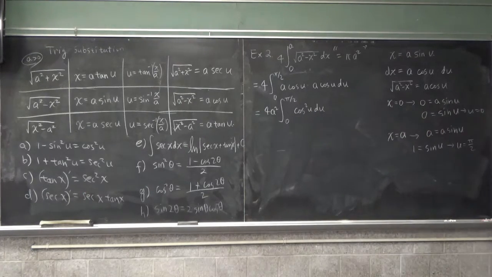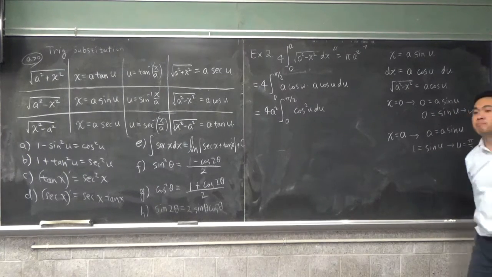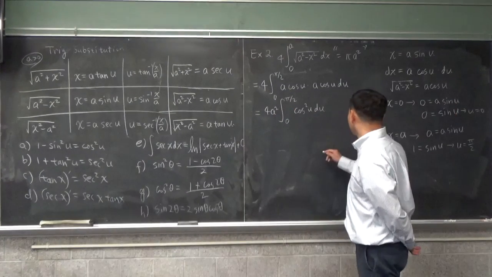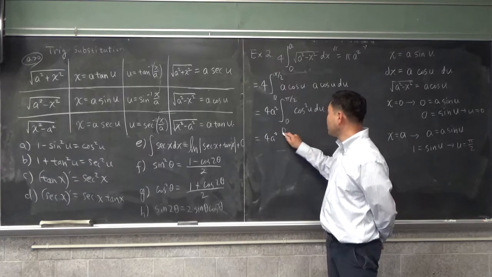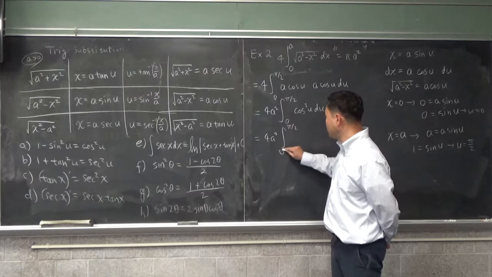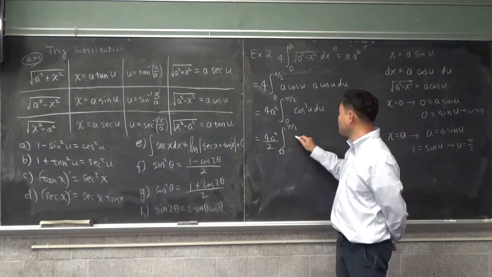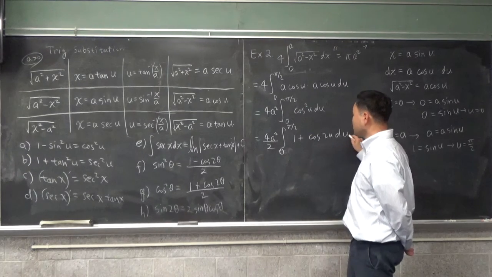How do you integrate cosine squared? You use this formula, yes. So this will become 4a squared, integral from 0 to pi over 2. Take the 1/2 out and you put 1 plus cosine 2u.